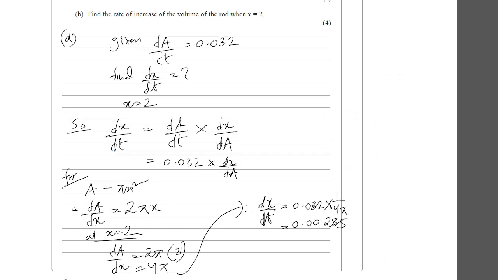Now a note on significant figures. When you count significant figures, the digits 1 to 9 are significant. 0 is a significant figure only if it is on the right hand side of other significant figures, which are 1 to 9. So here the 0.00 are not considered to be significant figures because they're on the left hand side of the digits 1 to 9.